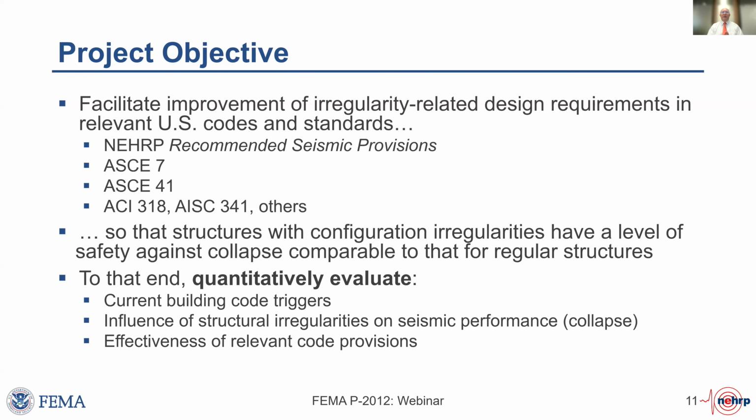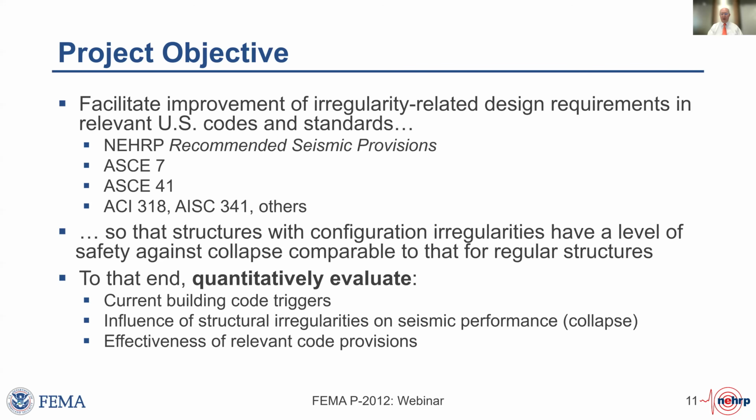So the objective of this project that FEMA sponsored was to look at irregularity related design requirements in US codes and standards, as specifically as they appear in the NEHRP recommended seismic provisions, which then make their way into ASCE 7's seismic provisions. In some cases, the US codes and standards we have for existing buildings.